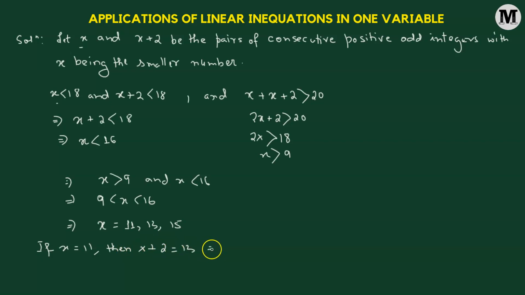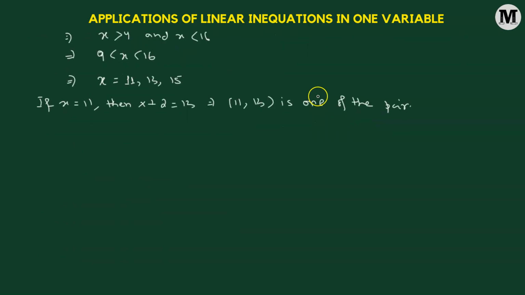So 11, 13 is one of the pairs. It's going to be one of the pairs which satisfies both the two conditions. That means each of the odd numbers is less than 18, and also if we take their sum, 11 added to 13, that's 24. So 24 is greater than 20.